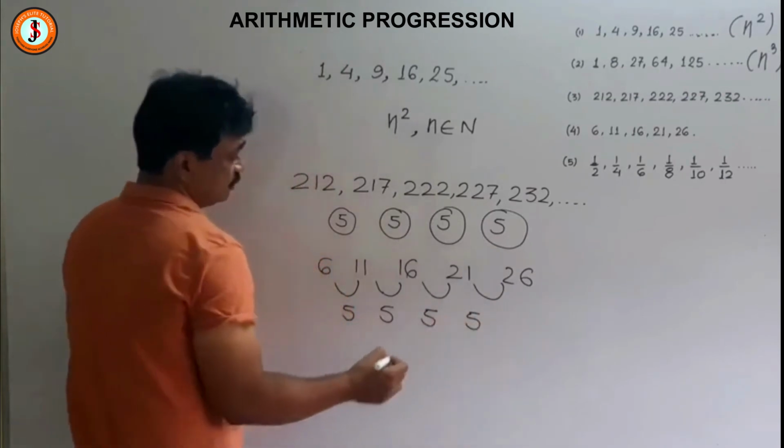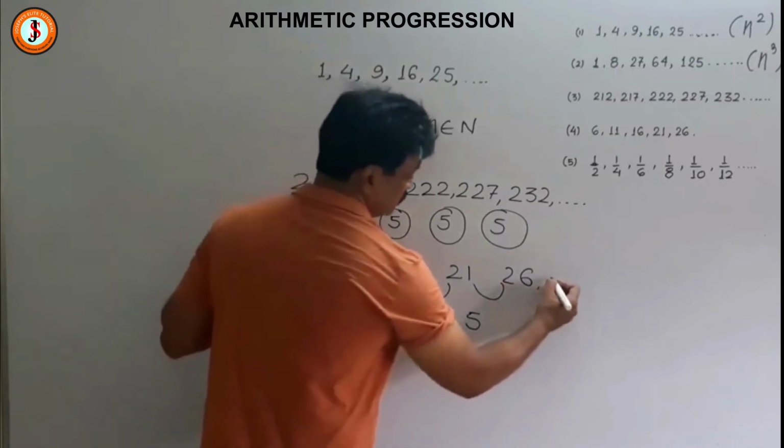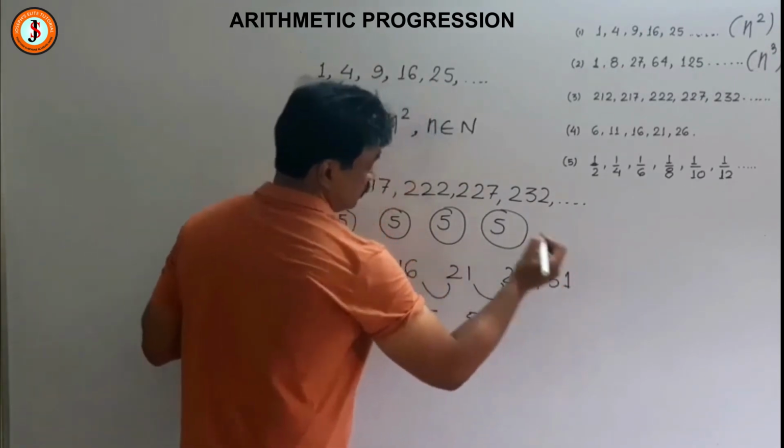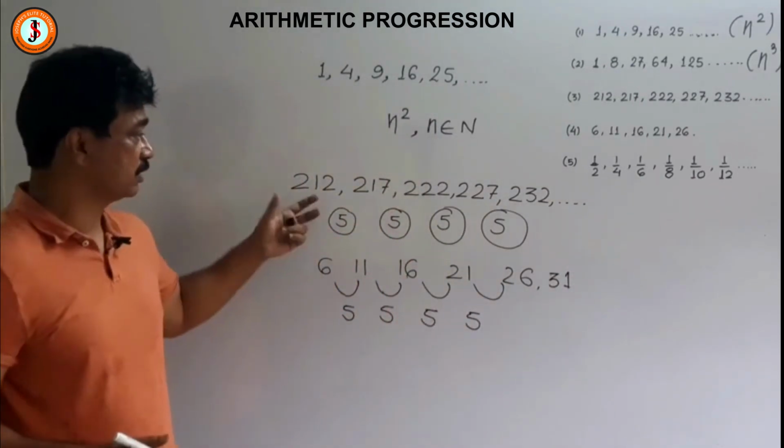So I can say that the numbers are increasing by 5. So this is 26. The next number will be 31. So these are some examples of sequences I can give you.